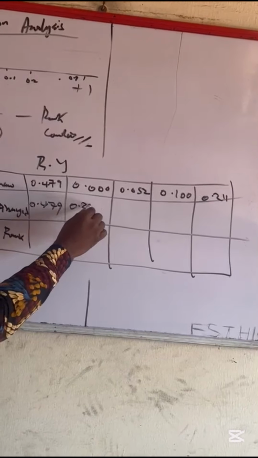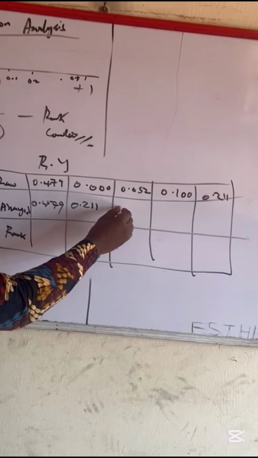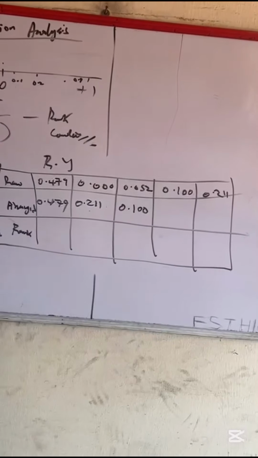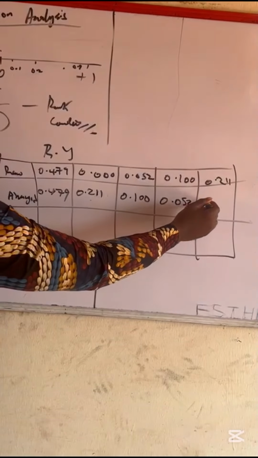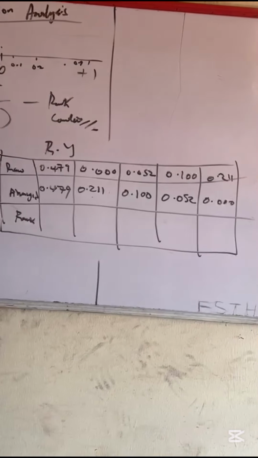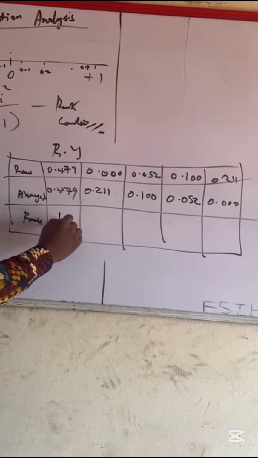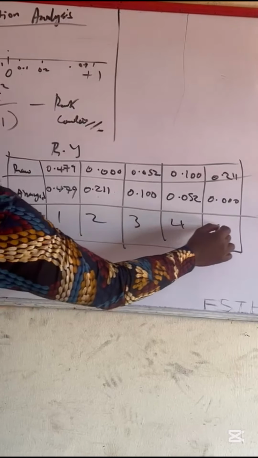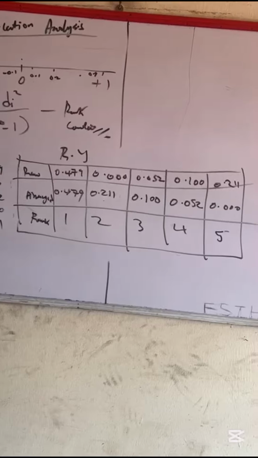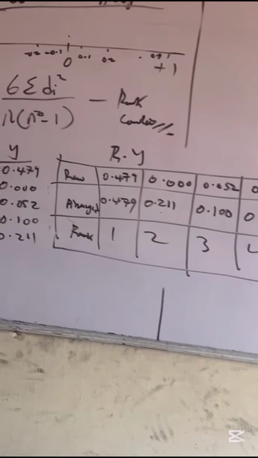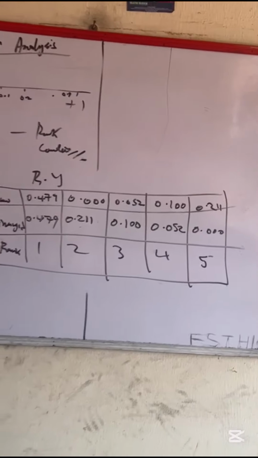So we have 0.211. This before this. We have 0.100. And after that, we have 0.052 before 0.000. All right, so we've ranked this Y to be 1, 2, 3, 4, and 5. Okay, take some moment and look at this again before we continue.